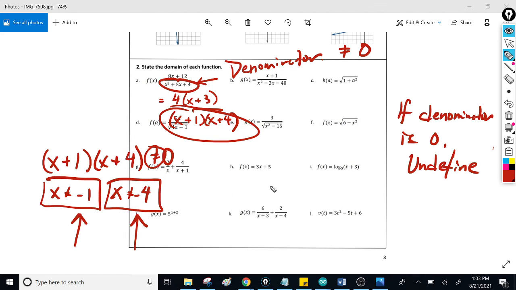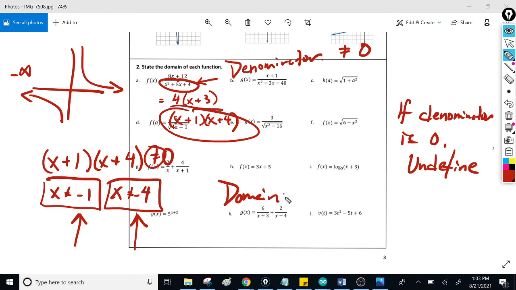So when you do your domain and range, you know the line will base off of the rational function. That means it will go as far left as -infinity, and then it will stop at -4.